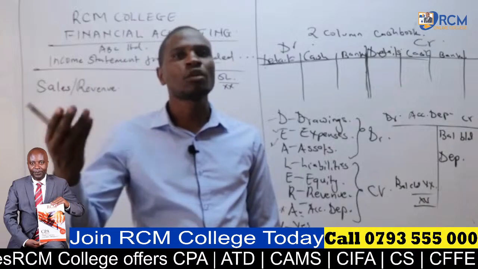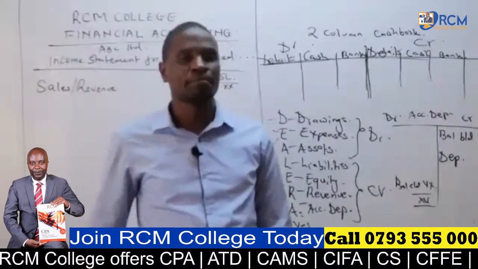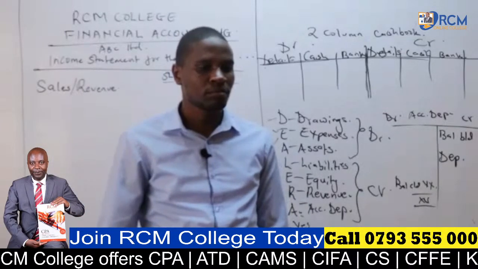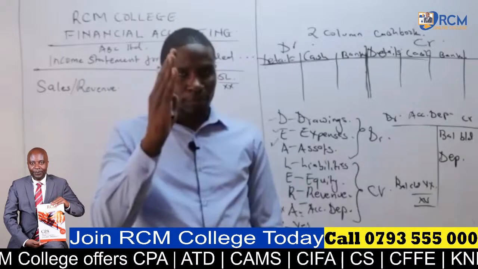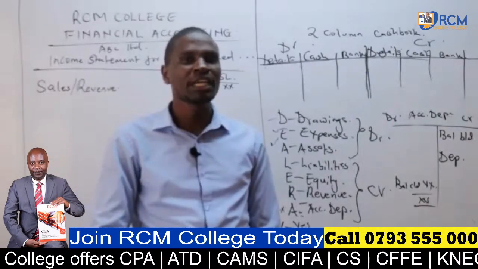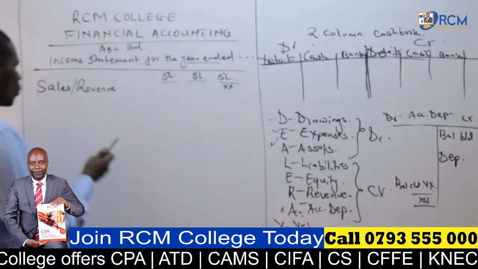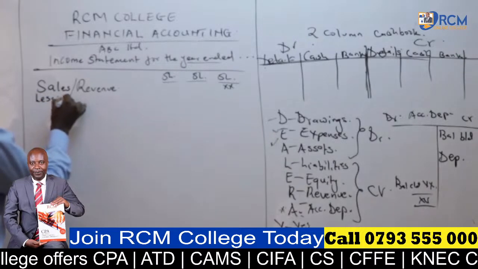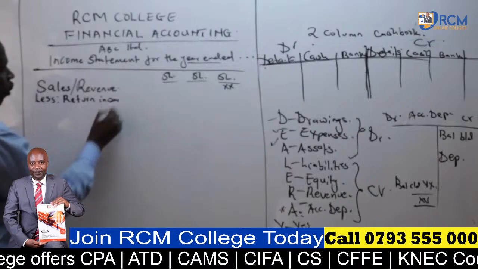But the customer was not contented with what we sold to them. They returned it. What happened to our sale? Our sales will reduce. So for us to get net sales, we have to raise return inward, or sales return.